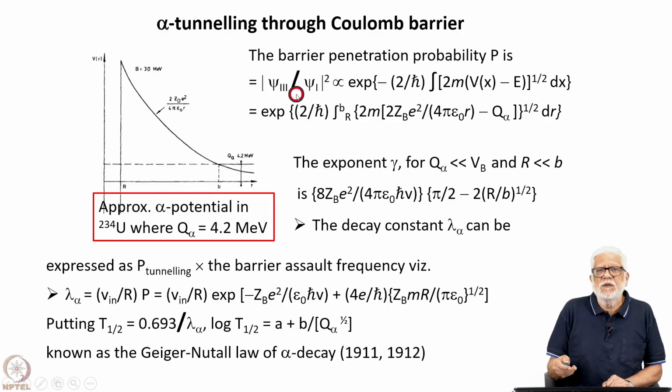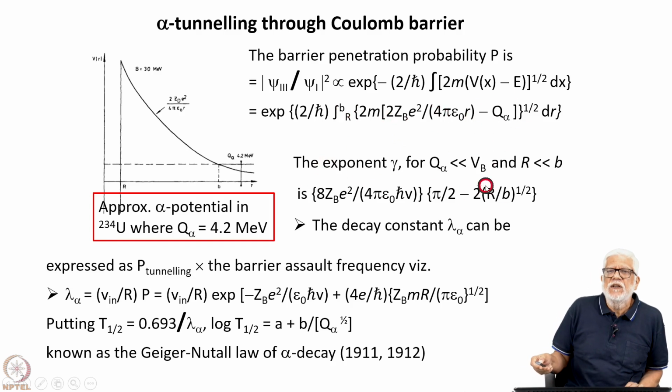So the square of this modulus can be estimated, and this is just an exponential of some fraction, an integral from r to b of a certain factor that depends basically on the Q alpha. Okay, so this exponent holds for these approximations where Q alpha is much less than Vb, which is usually the case.